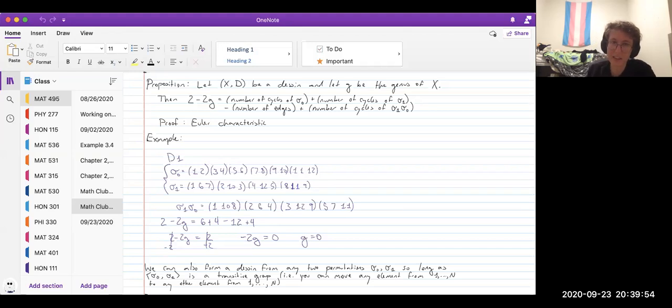Any dessin that you have on a sphere, you're still going to be able to find a permutation representation, plug it into this formula, and get 0 for g. I'm not sure if that's what you're asking.